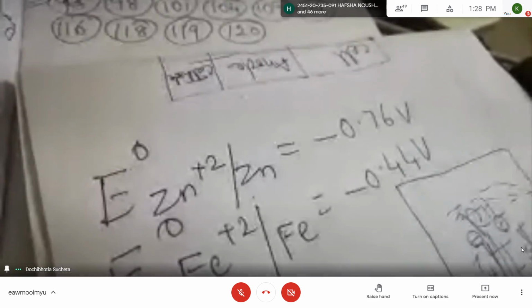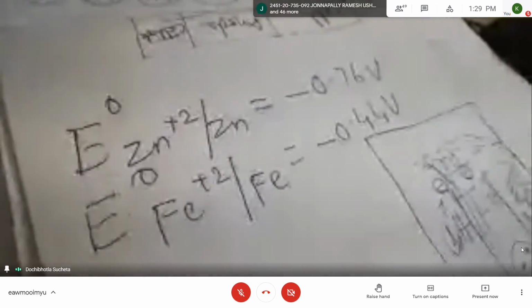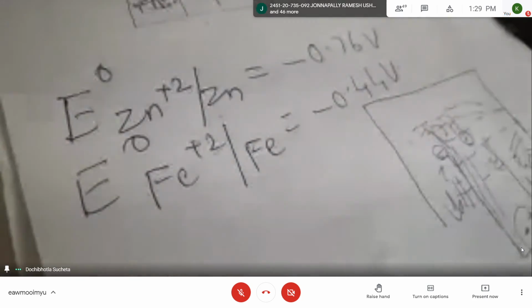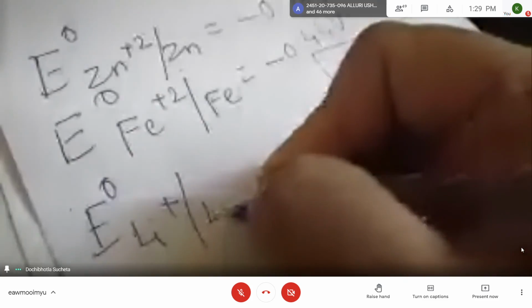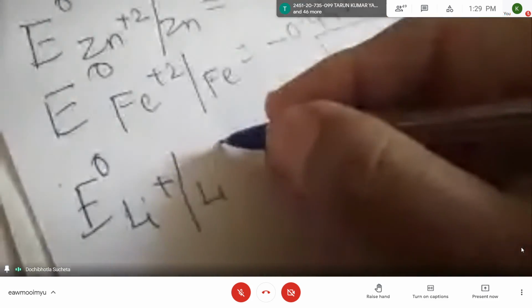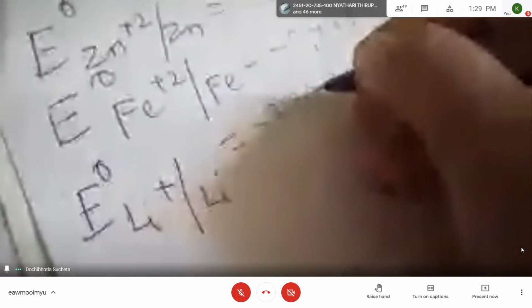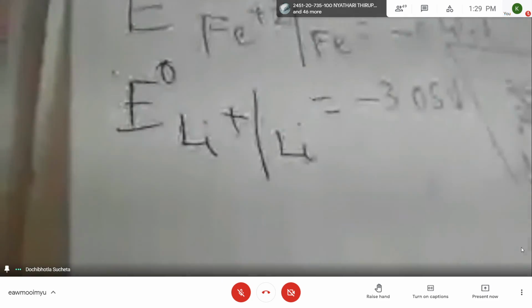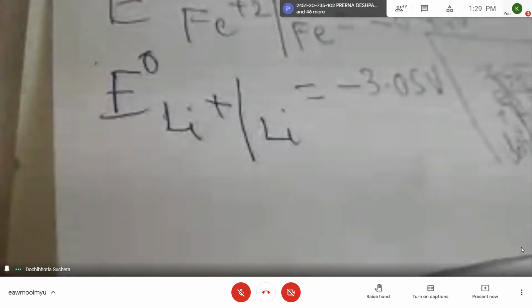I have a small question now. Tell me the answer tomorrow or today. Lithium has a standard SRP value, E naught Li+/Li, equal to minus 3.05 volt.